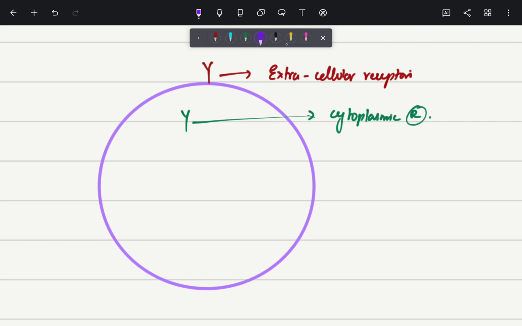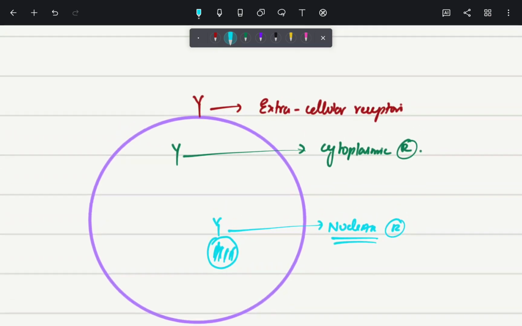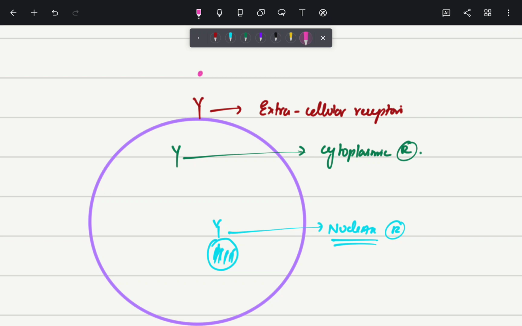And not only that, inside the cell we have the nucleus. On the nucleus also we have receptors. Now these types of receptors are called your nuclear receptors.